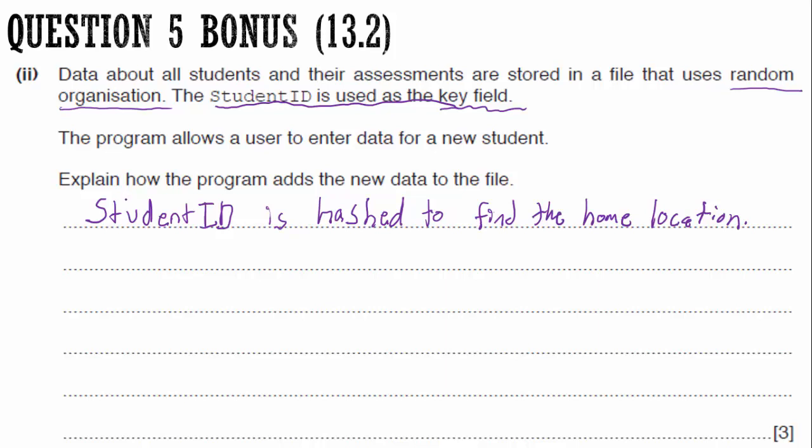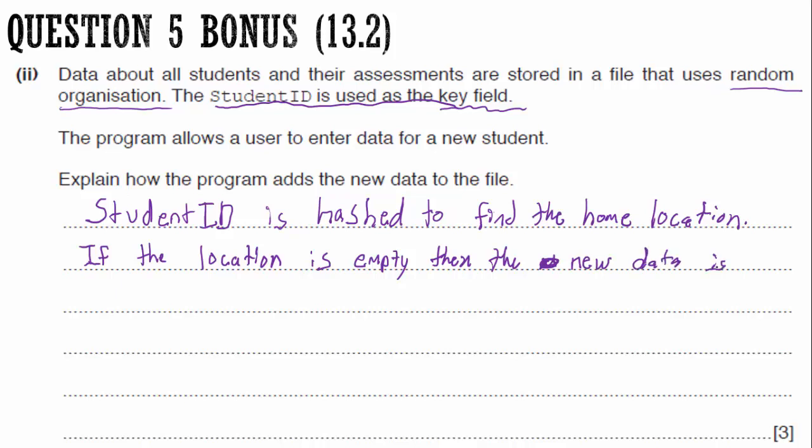When the student ID is hashed, one of a couple things can happen. The first one is if the location is empty, then the new data, and new starts with an N, not with an M, then the new data is added.